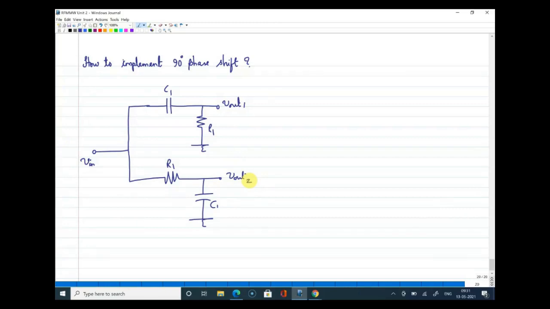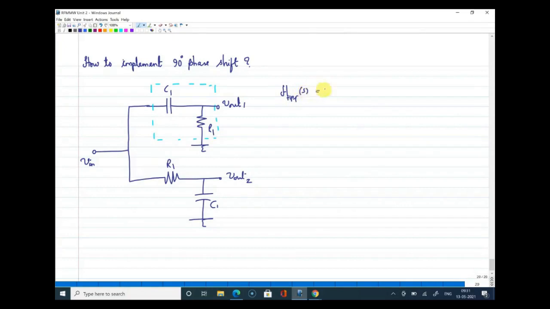So what is your upper arm? You have a capacitor and a resistor, and if you write the transfer function of this, what does it look like? Can I get your response in the chat box? Yes, that is a high pass. So this is a high pass transfer function.